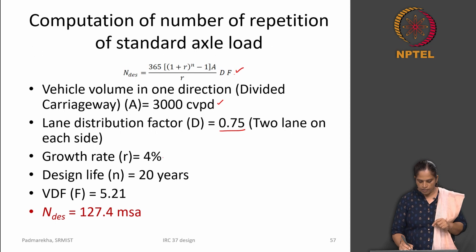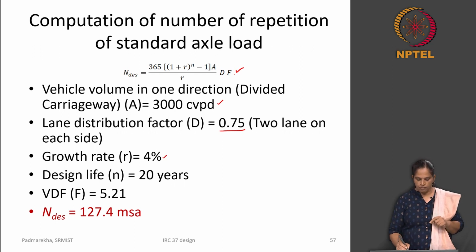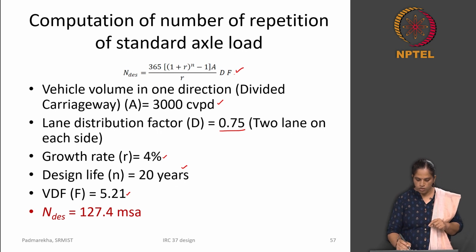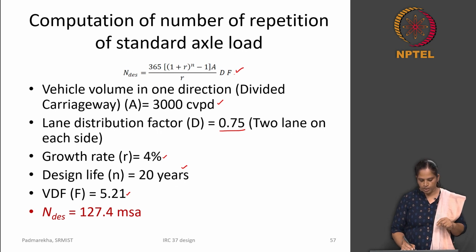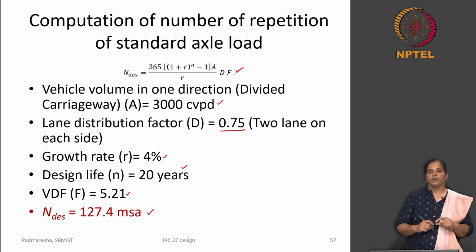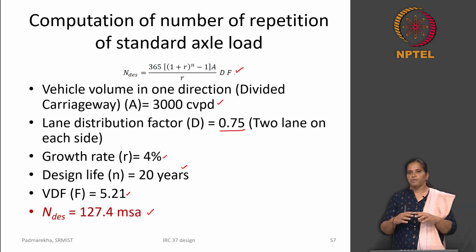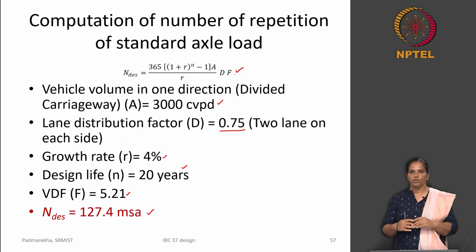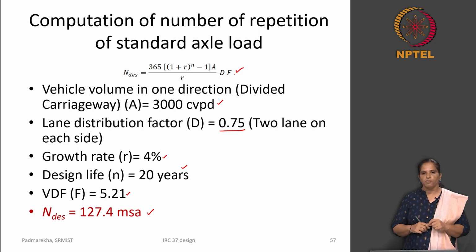Growth rate R is given as 4%, design life of 20 years, for a VDF of 5.21. When you substitute all the numbers here, you will get N design to be 127.4 into 10 power 6, or 127.4 MSA. So whatever pavement thickness you provide should cater to 127.4 MSA for 20 years of pavement life.